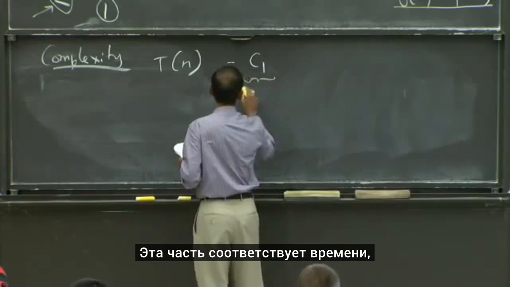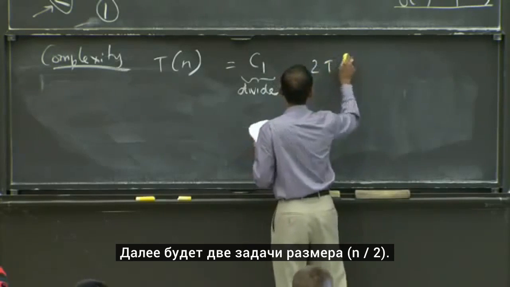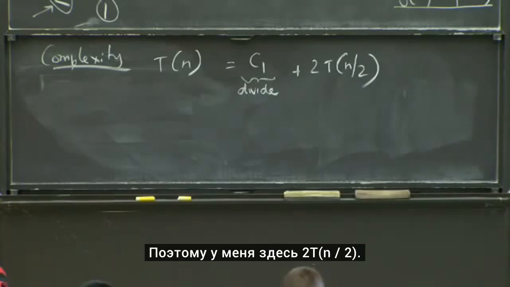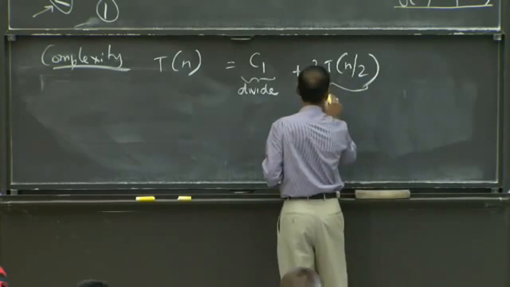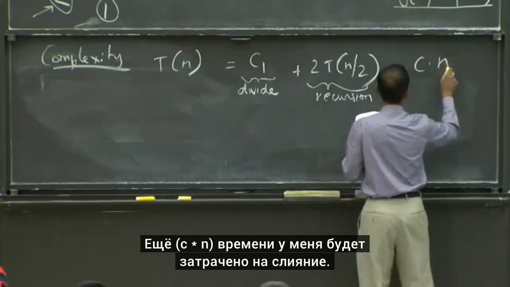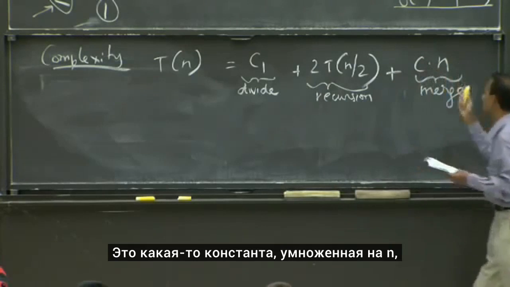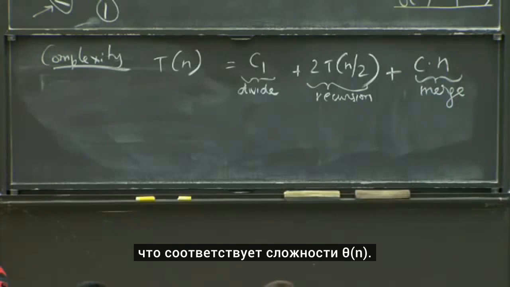So this could be the part corresponding to dividing the array. And there's going to be two problems of size n over 2. And so I have 2T of n over 2. And this is the recursive part. And I'm going to have c times n, which is the merge part. Okay? And that's some constant times n, which is what we have here with respect to the theta n complexity.